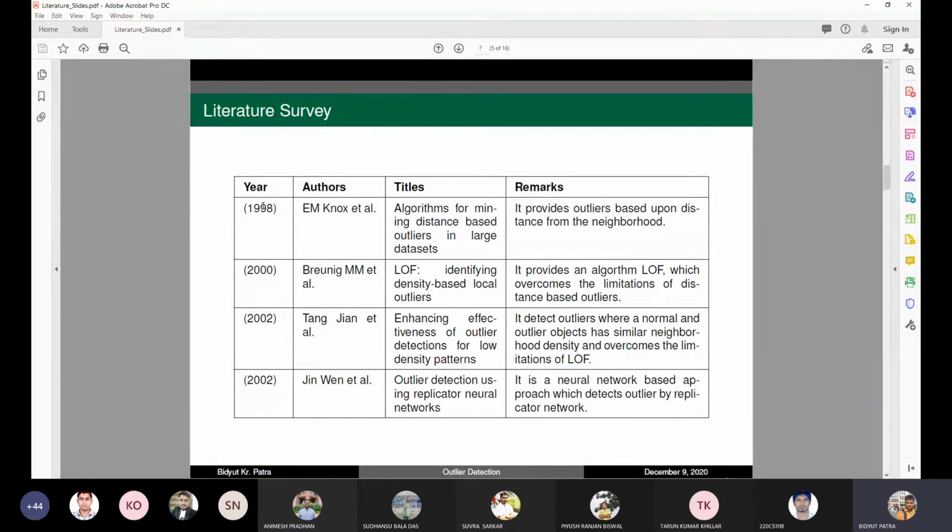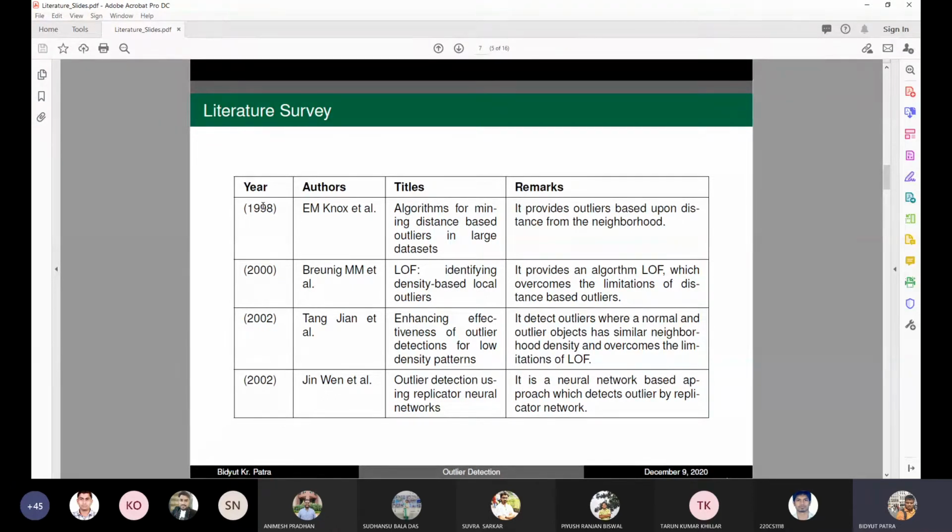Okay, but it also has a problem. It may happen that the k value you have taken is 4 or 5. Four points may be very close to each other, and the fifth nearest neighbor is quite far away. In that case that point will be treated as an outlier, because if you take only the kth distance, you are giving much importance to the kth point, and these algorithms are very sensitive to the choice of k.